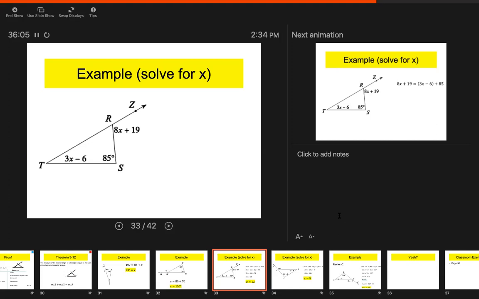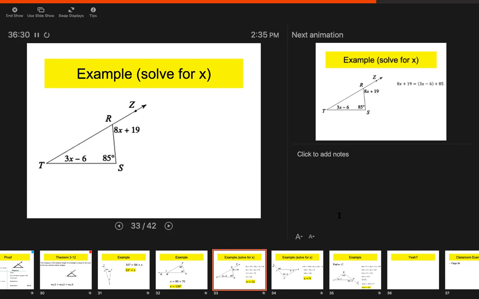3x minus 6. You didn't finish the equation. Back up, take a deep breath. Tell me what the theorem says. Theorem 3.12: the measure of the exterior angle of a triangle is equal to the sum of the two remote interior angles. You gave me one.